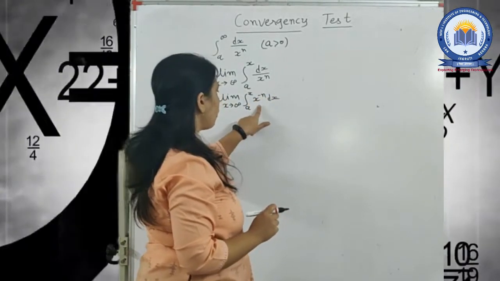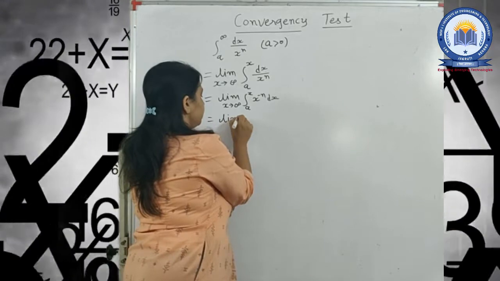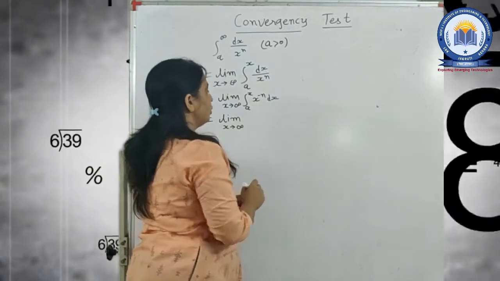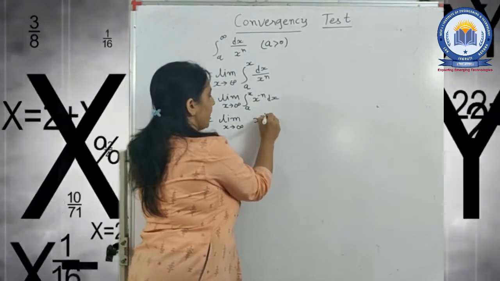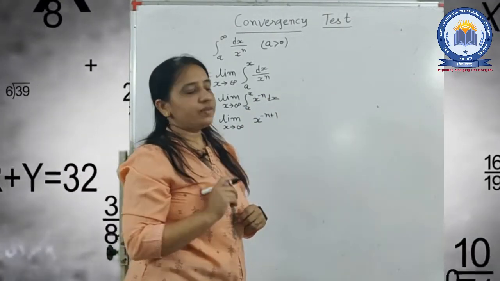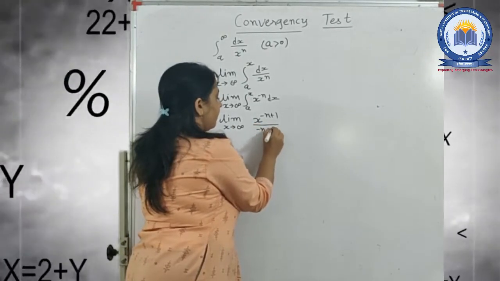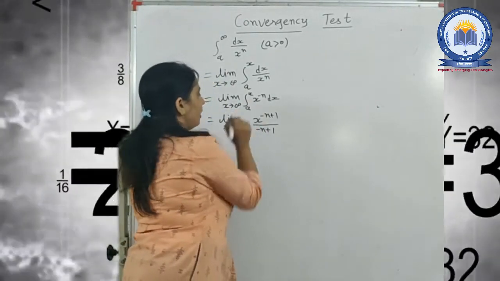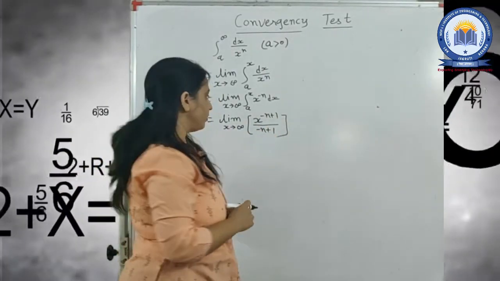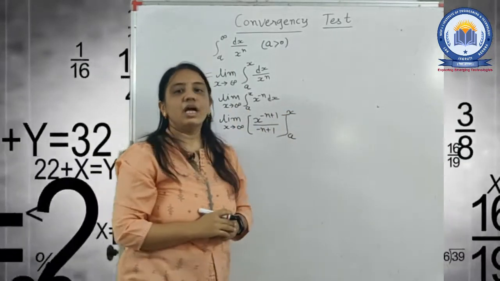Now the integration of x raised to minus n can be rewritten as the limit as x tends to infinity of x raised to minus n plus 1, whatever power there is, we add one to it, upon minus n plus 1. Now we apply the upper bound and lower bound, where a is the lower bound and x is the upper bound.